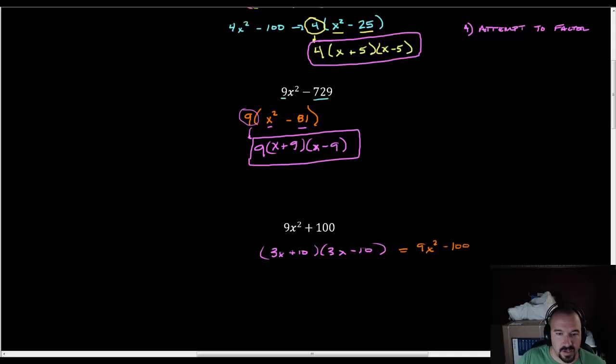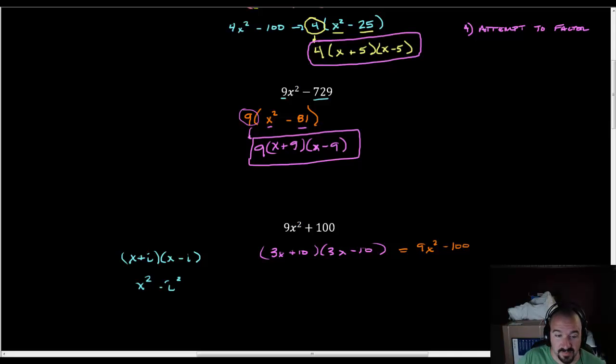Okay, so now if I know about the complex, then I know that x plus i times x minus i expands into x squared minus i squared. But i squared is always positive 1.